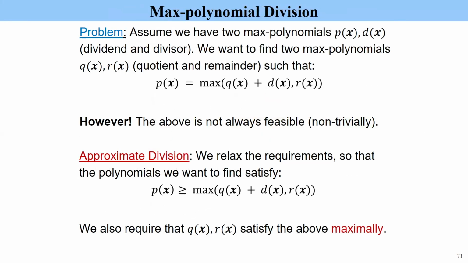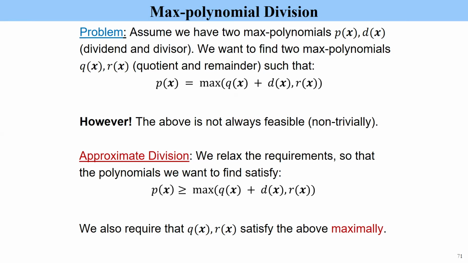Well, this concept of tropical division. We want to divide the polynomial p(x) by a divisor polynomial d(x). If we interpret that in tropical terms, addition becomes max, and multiplication becomes sum.